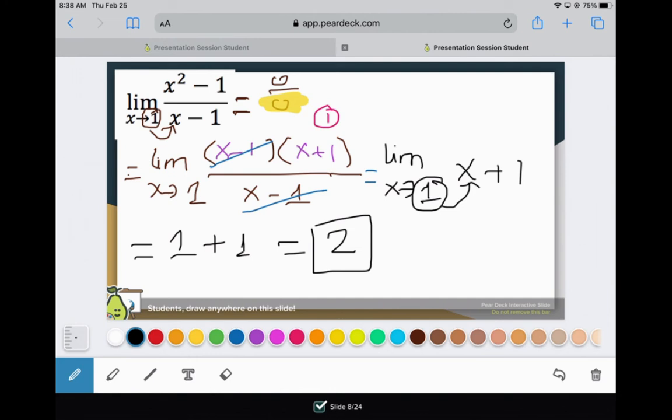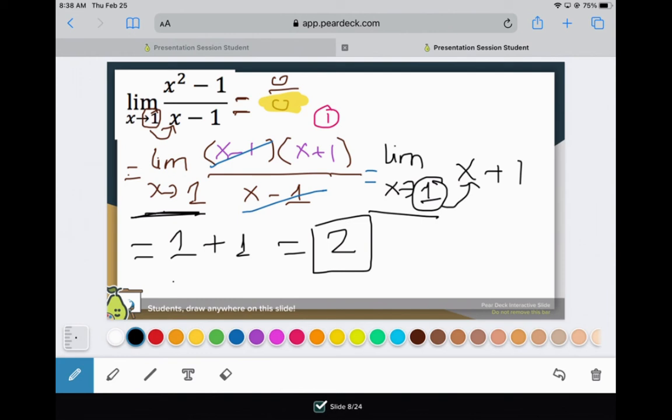So the limit for this problem is 2. Again, notice I have to write the limit notation all the way until I do direct substitution. Then I can stop writing the limit notation. So this is the proper way: I keep writing limit as x approaches 1 until this step.